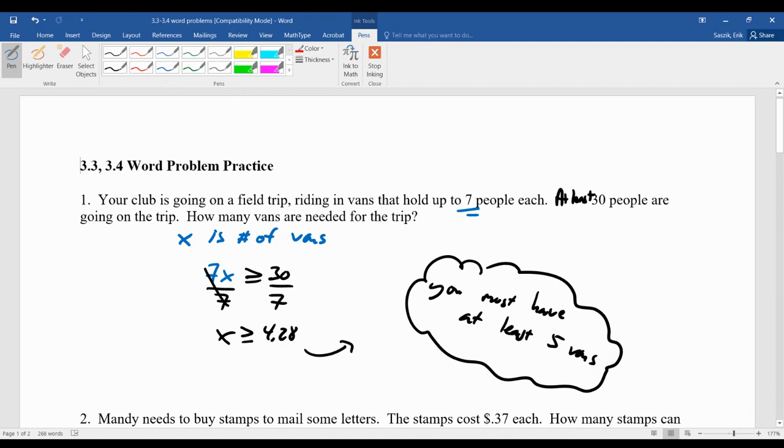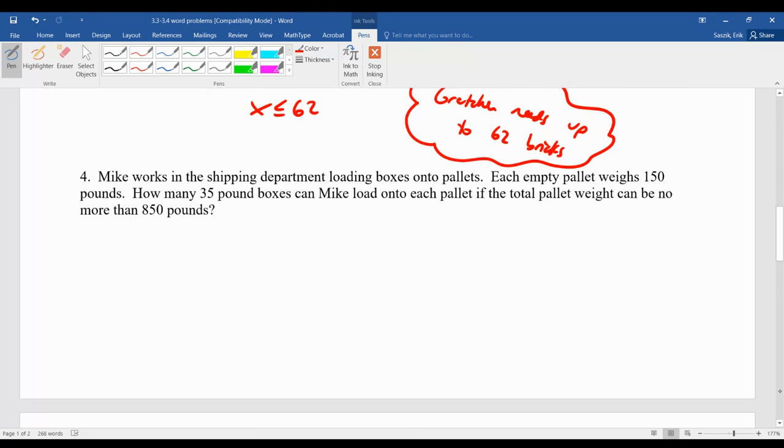Okay, we're at the Mike problem. Mike works in shipping. He's going to load boxes onto a pallet. Each empty pallet's 150 pounds. Okay, so what are we? It's asking how many 35-pound boxes. So X is number of boxes.